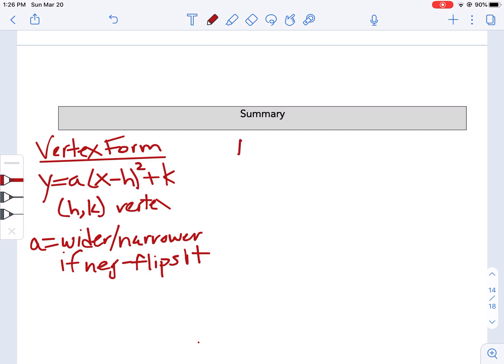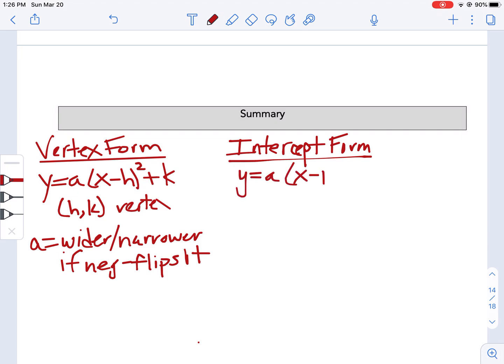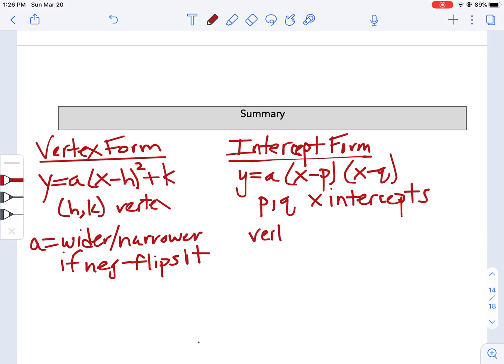So today we took a look at intercept form. And intercept form was y = a(x - p)(x - q). And in intercept form, p and q are our x-intercepts. And a does the exact same thing. And then our vertex, how do we find our vertex? It's in the middle of the x-intercepts.